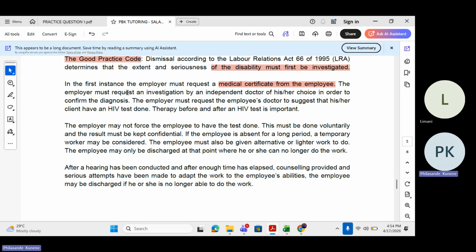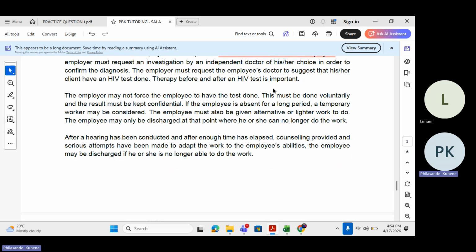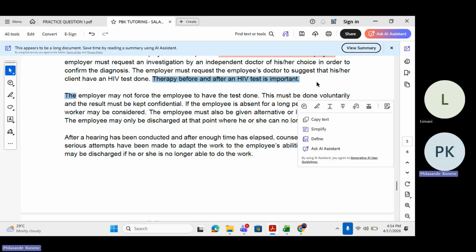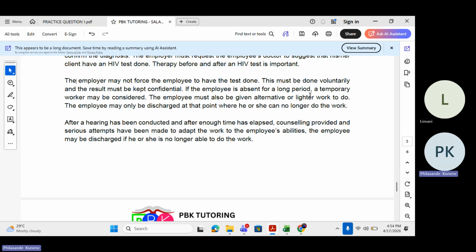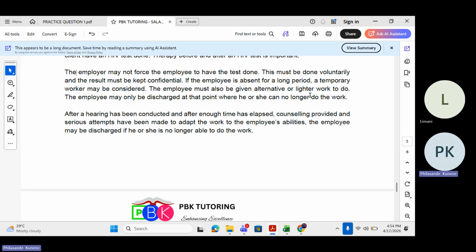The employer must request an investigation by an independent doctor of his or her choice in order to confirm diagnosis. The employer must request the employee's doctor to suggest that his or her client have an HIV test done. Therapy before and after an HIV test is important. And those are all things that need to take place before the employee is being fired.